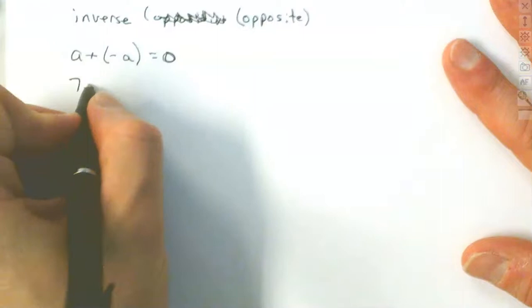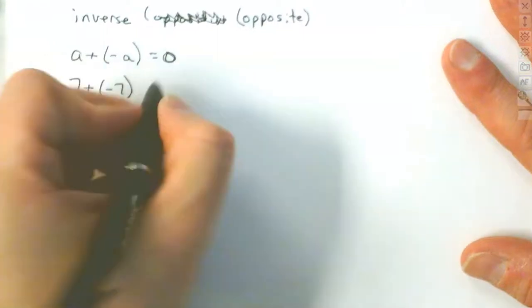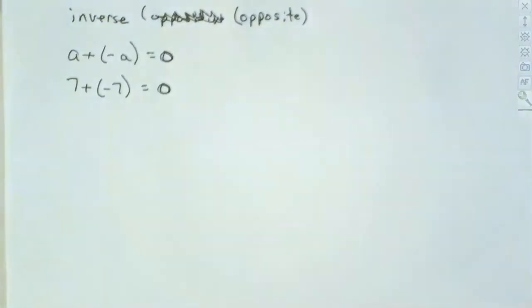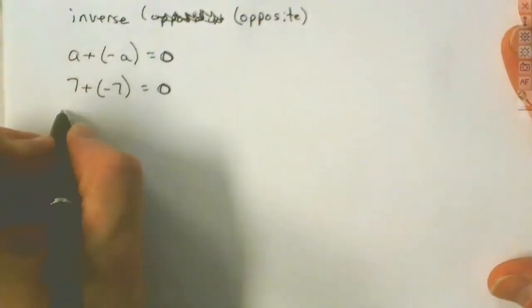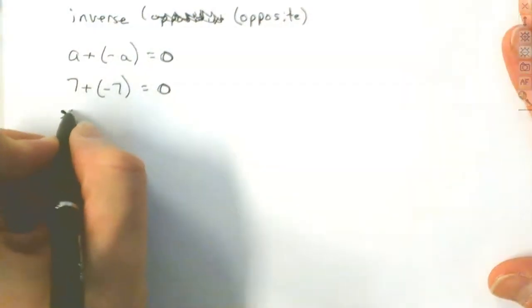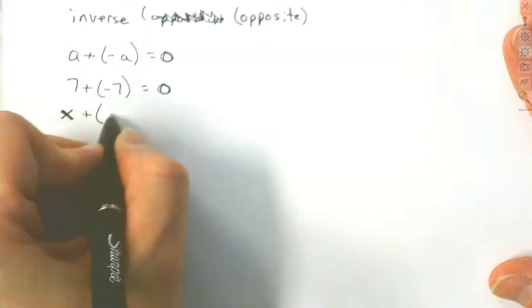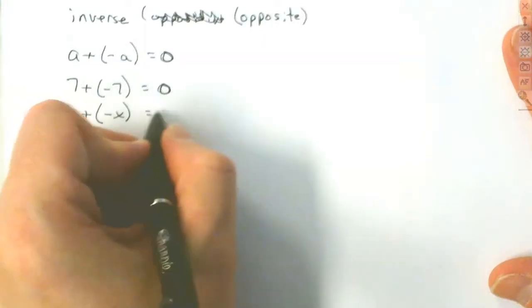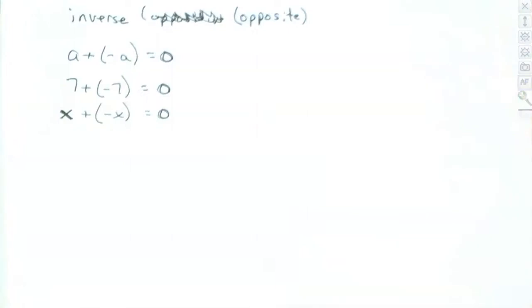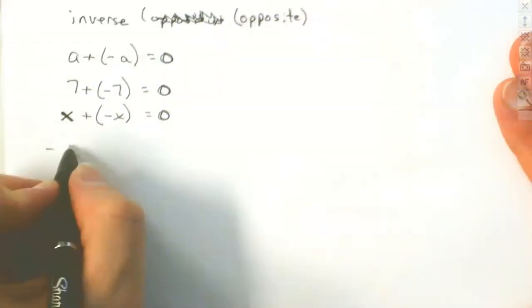So 7 plus a negative 7 is what? 0, because they're opposite. What is the opposite of 7? Negative 7. What's the opposite of x? Well, the opposite of x would be negative x, right? So when we talk about inverses, we are looking at the opposites, and that's your additive inverse. So whatever number you have, you change your sign. What's the opposite of a negative 8?